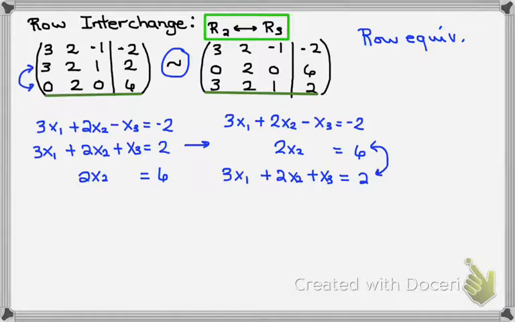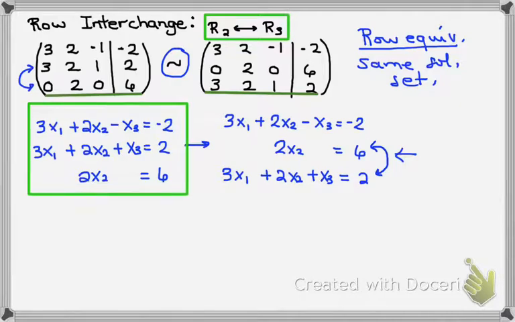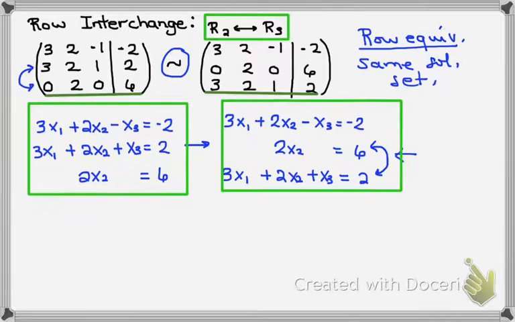Row equivalence essentially means that the matrices have the same solution set. And that makes sense, right? Because all we've done is exchange the location of the 2 equations, so certainly the solution set for the linear system to the left should be the same as the solution set for the system to the right.